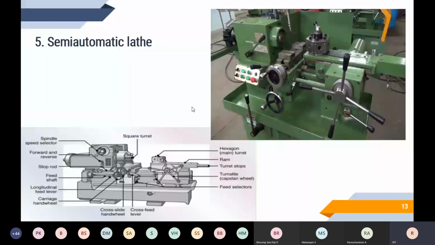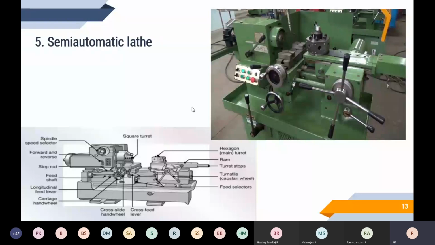And then semi-automatic lathe. It's a great machine for quick operations. The various types of tool posts are mounted on a single structure. So multiple tools are set up on the machine. The job can be completed very quickly with the help of a single setup. That is the most important. For normal machines, every time we have to change the job and tool.